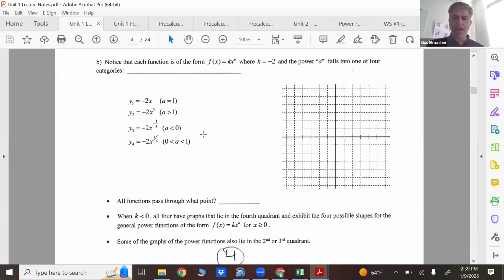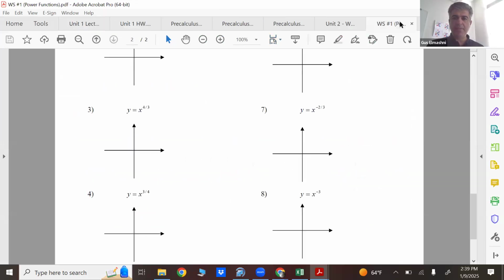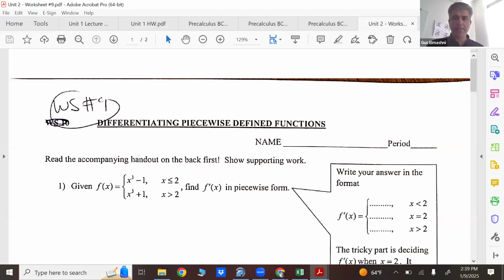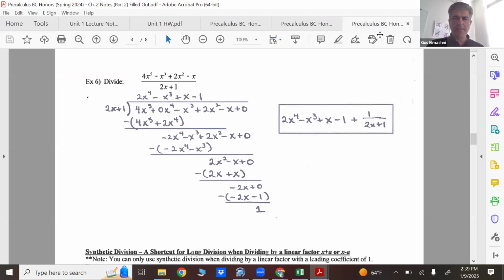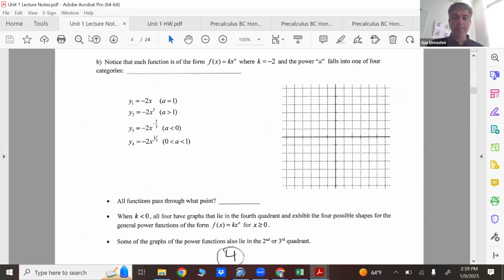All right, let's do part B, finish it off. Here we go. Let's go kind of like maroon, then green. We'll go dark blue here. We'll go red for that one. Okay, so if A is 1, it's still linear, right?